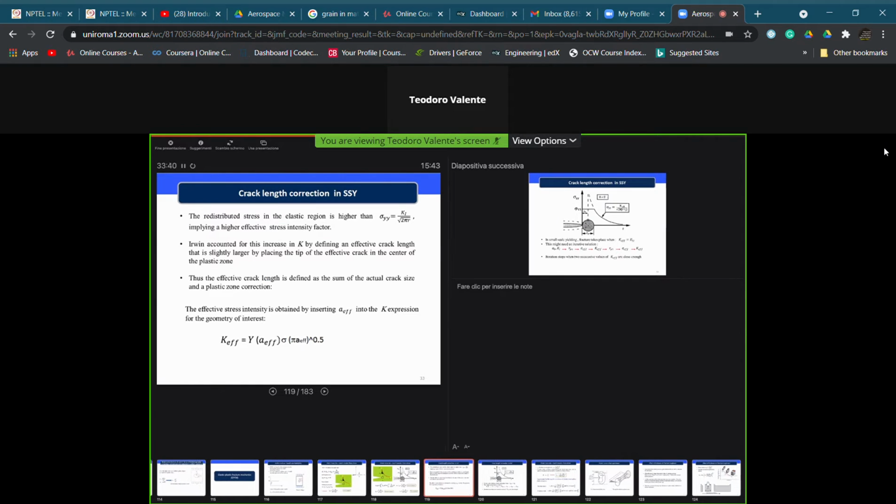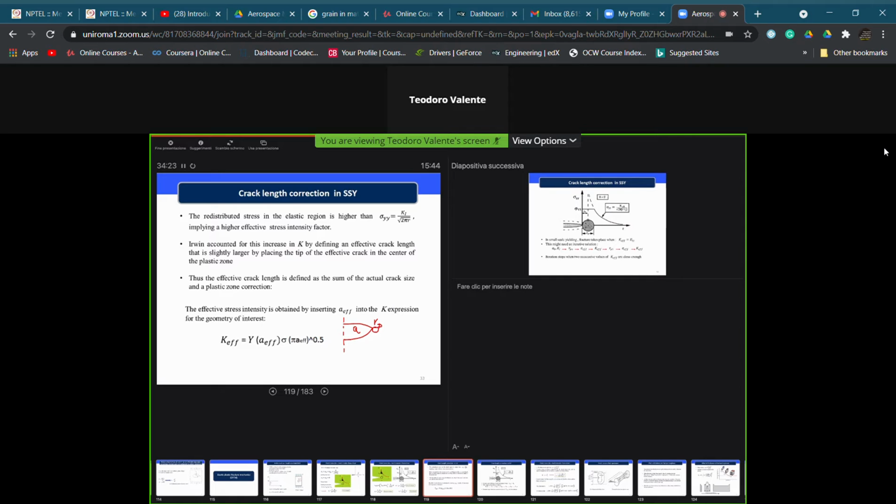So in this case, with the second estimation, which is usually used, the other assumption which is made is that the total crack length, if we are in a condition of symmetry like this one, is given by the value of the pre-existing crack length A, to which we need to sum the value of the plasticity radius.